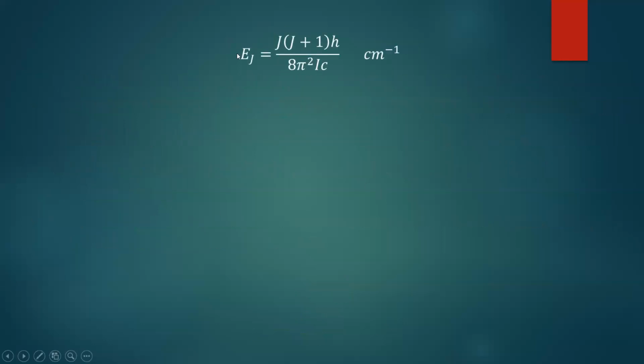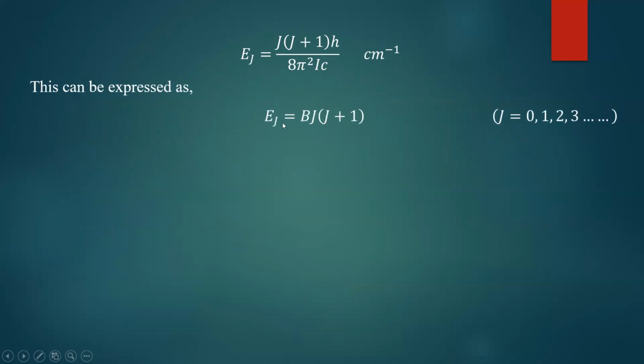This can be expressed as E_J equal to B into J into J plus 1. Here you can observe these are all constants. h is constant, pi is constant, moment of inertia is constant for a given diatomic molecule. c is the velocity of light in vacuum, that is also constant.